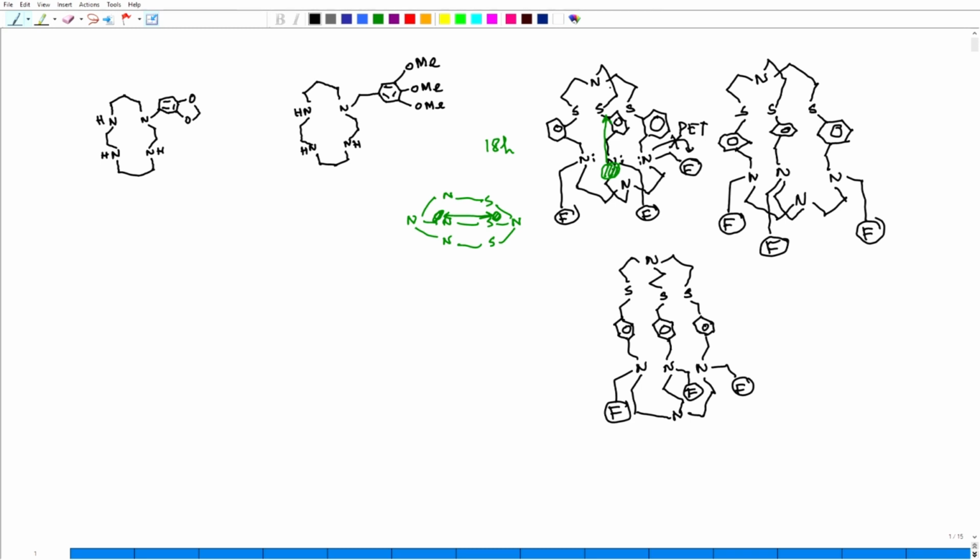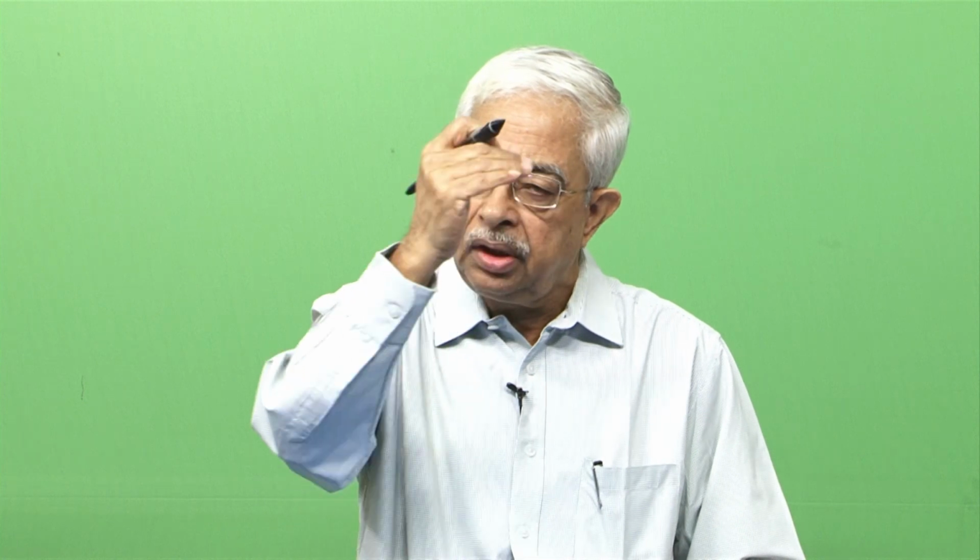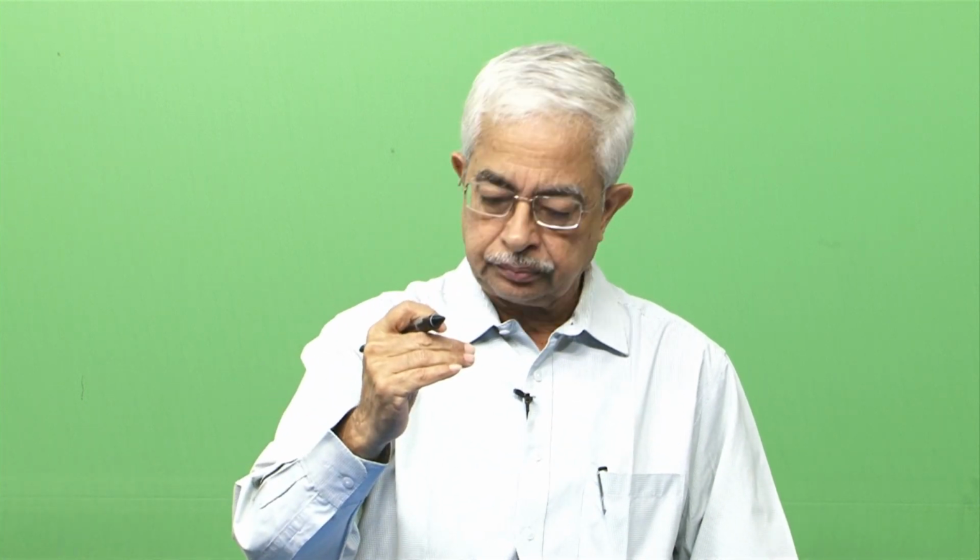But when the metal is here, then PET is off. So, therefore, it will give a strong fluorescence. So, in this particular case, fluorescence is actually telling us what is happening in this microscopic world, that the metal goes from here to here. Unfortunately, it takes 18 hours and we monitor it, that slowly it comes to 0.